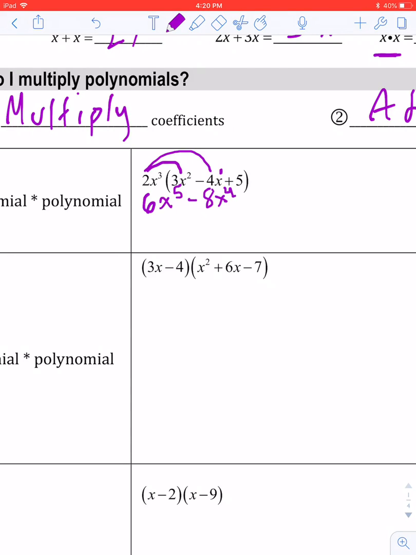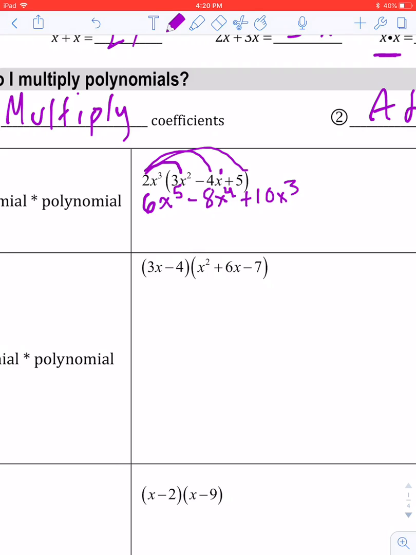Okay, so then we're just going to do the same thing with the last one. All right, I've got 2x to the third multiplied by just 5. Okay, so in this one, there's no variable with exponents attached to it, so I can just multiply those coefficients together, which in this case is a 2 and a 5, and my final term is going to be a positive 10x to the third.